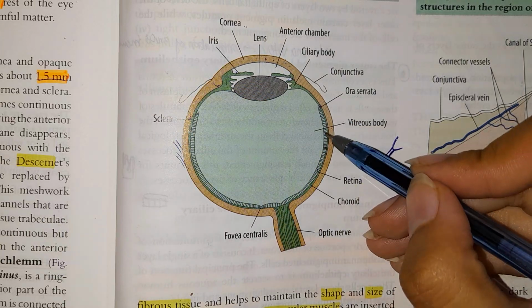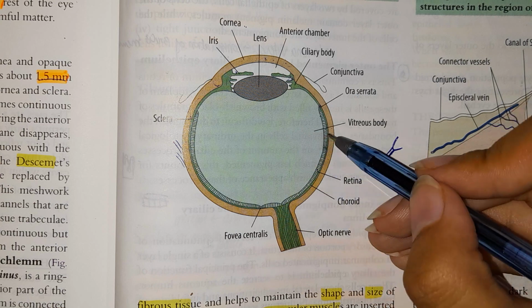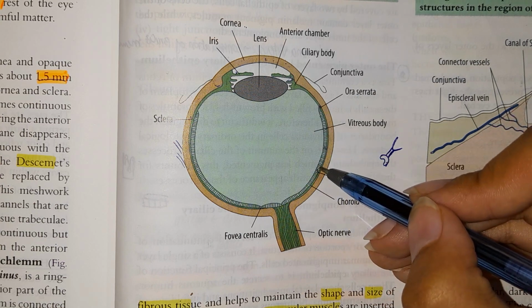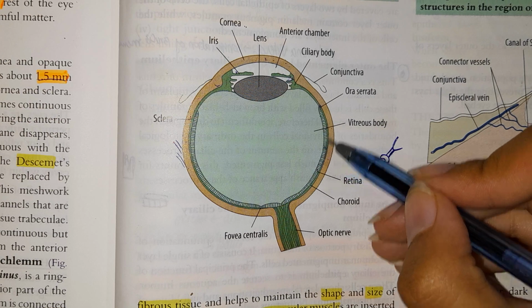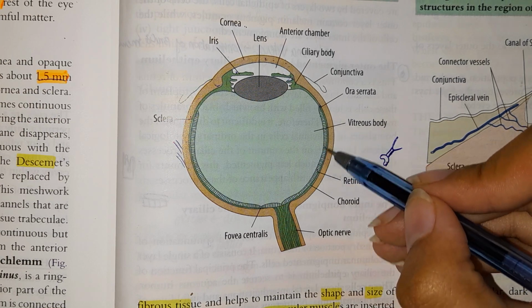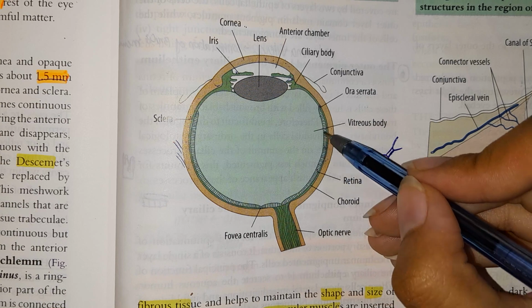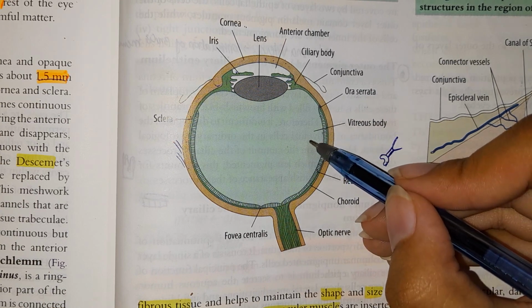So towards the choroid we have the pigmented layer, and towards the vitreous body we have the neural layer of the retina. The pigmented epithelium is strongly adherent to Bruch's membrane of the choroid, but it is not well adherent to the neural layer towards the vitreous body.